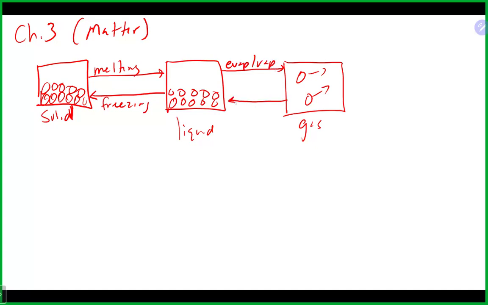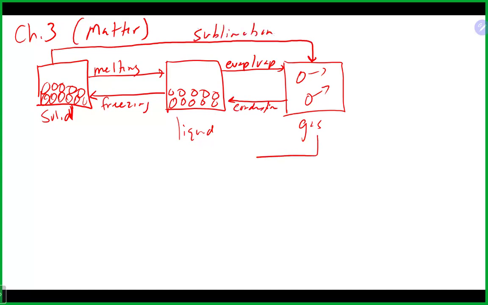As you go from gas back to liquid, that is condensation. You could also go from solid, skipping the liquid, and go directly to gas, and that is known as sublimation. Could also go from gas directly to solid, also skipping the liquid part. That is deposition.